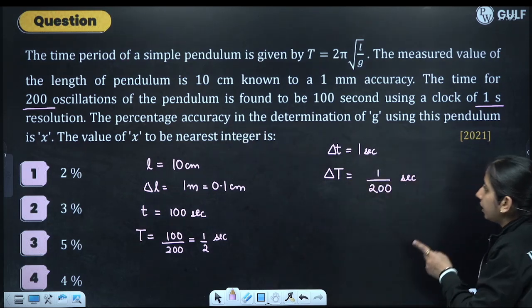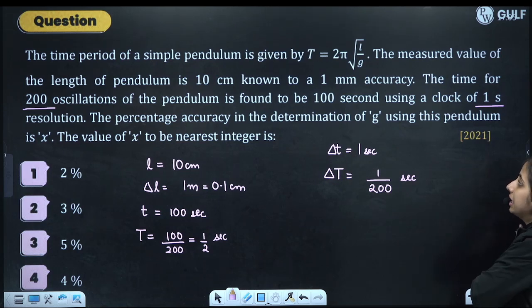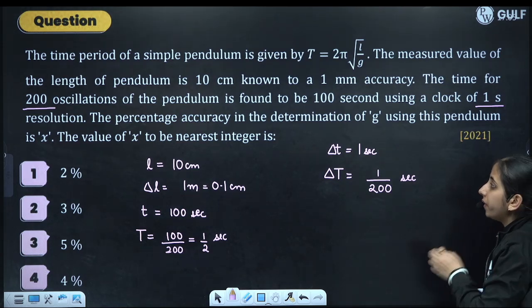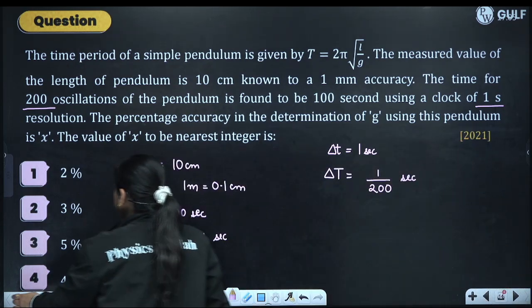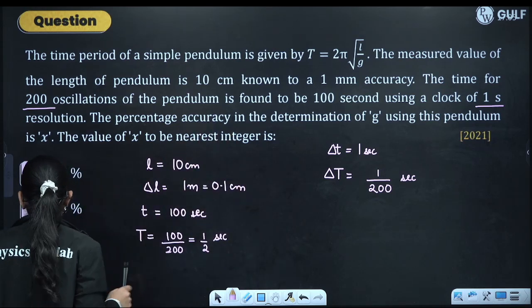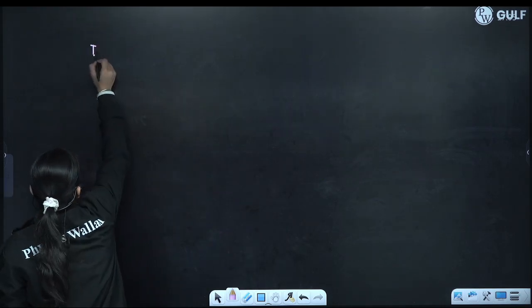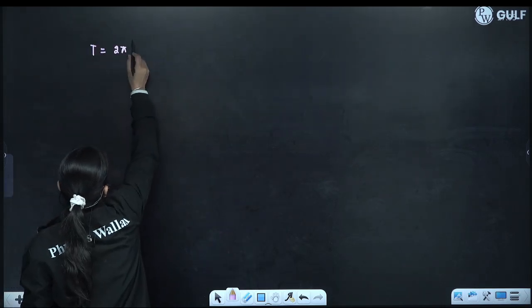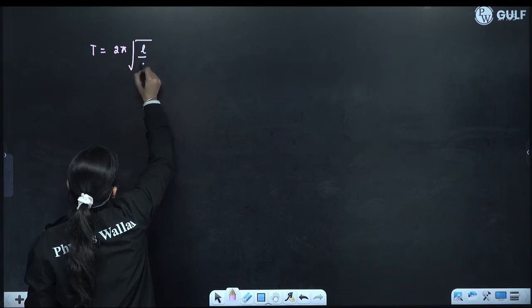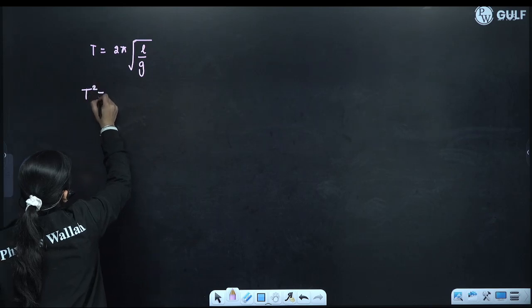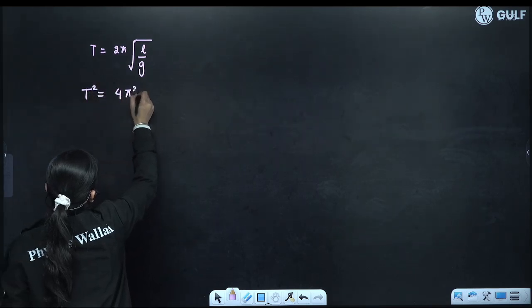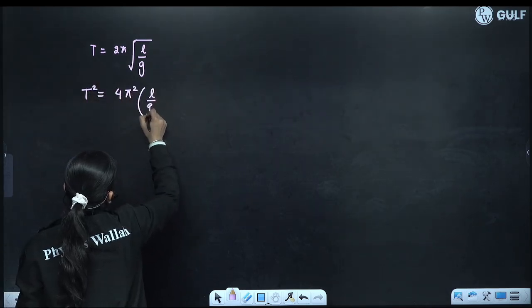The percentage accuracy in the determination of g using this pendulum is x. The value of x to nearest integer is. Now we have to find the value of x. If we use this formula, T is equal to 2 pi under root L by g, what we will get? T square is equal to 4 pi square into L by g.